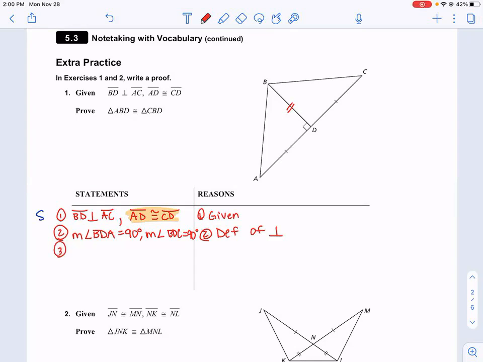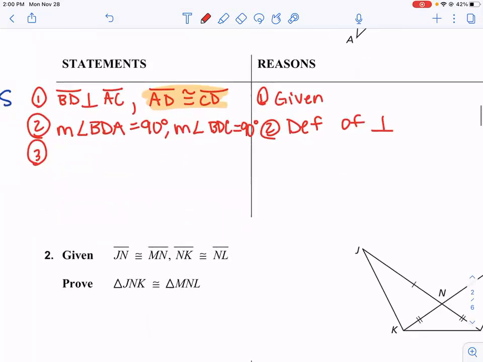So let's say that the measure of angle BDA equals the measure of angle BDC. We got to get there first. And what did we use to get there? Transitive, or if you said substitution, then we can say that they're congruent.